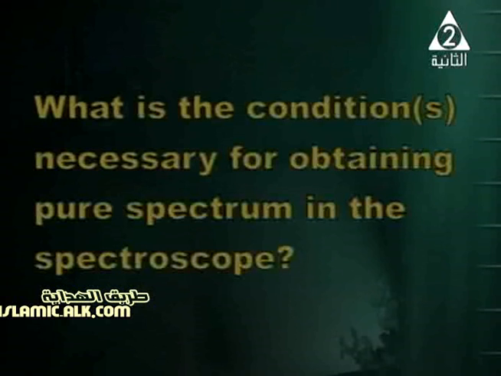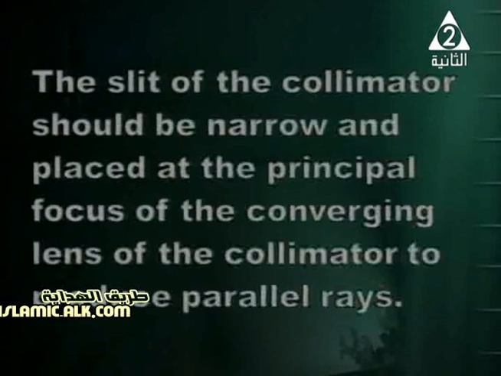Now, what are the conditions necessary for obtaining a pure spectrum in the spectroscope? The slit of the collimator should be narrow and placed at the principal focus of the converging lens of the collimator to produce parallel light rays.